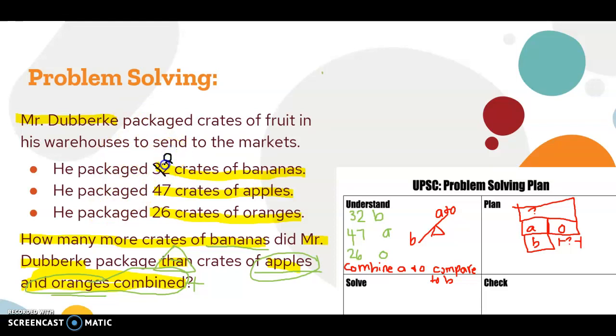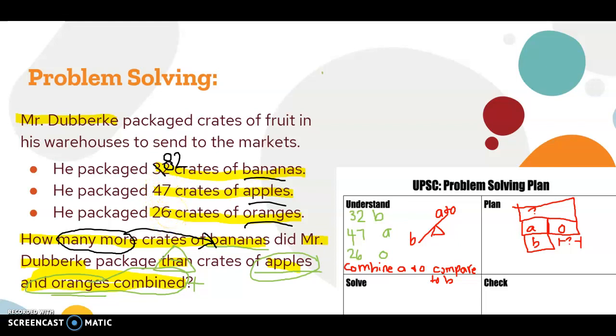And just remember that in order for us to compare the bananas to the apples and oranges, and we're trying to see how many more bananas there are than apples and oranges combined, the bananas has to be greater than both the apples and oranges.